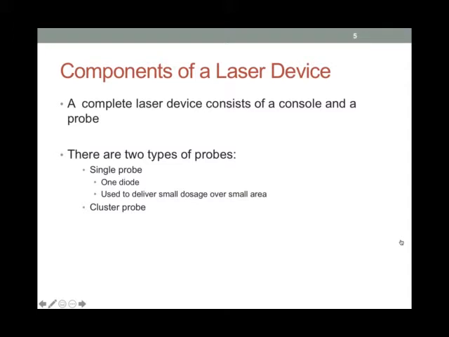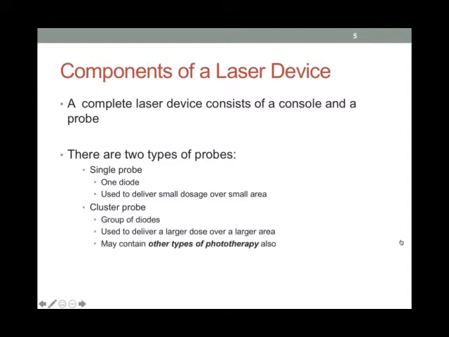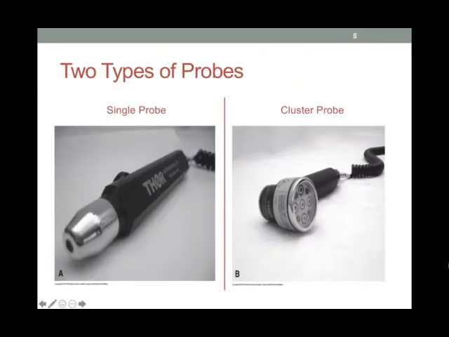If you're in a clinic that has a cluster probe, that can be used to treat a larger area. It's a group of diodes. Those diodes are not necessarily all of the same type. They can have different types of phototherapy, such as light emitting diodes for a different type of therapy that can be combined. We see examples of that here.